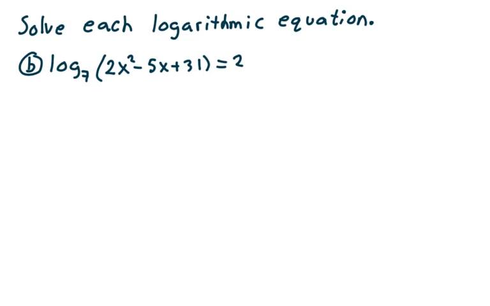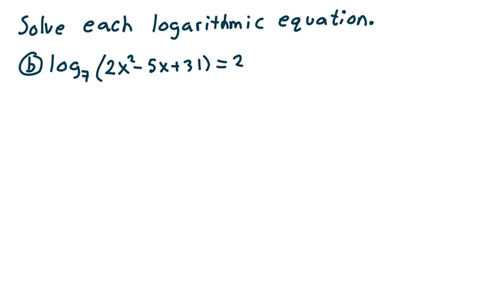Usually the rule of thumb is when you have a logarithmic equation, we want to convert it to an exponential equation. And when you have an exponential equation where you can't rewrite both sides with the same base, we want to convert it to a logarithmic equation, because they're inverse processes, so to speak.